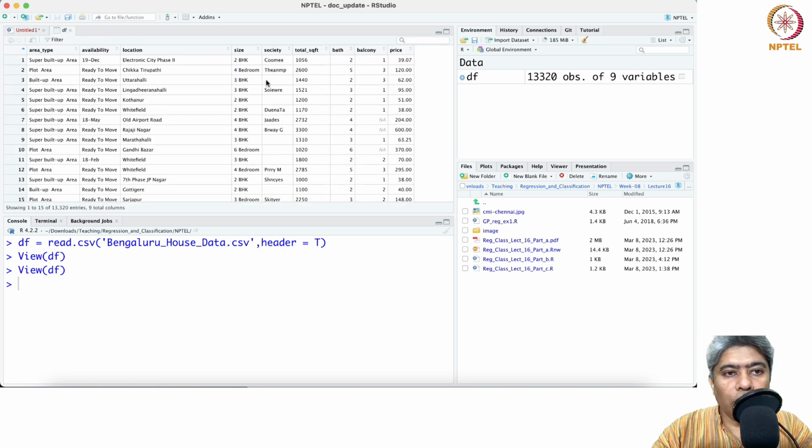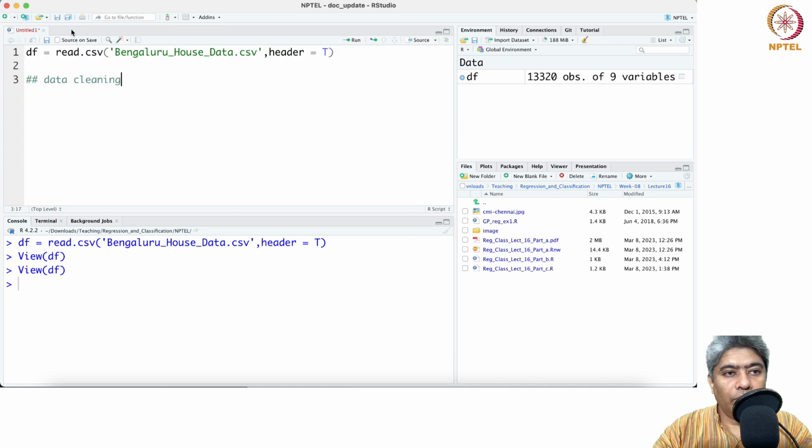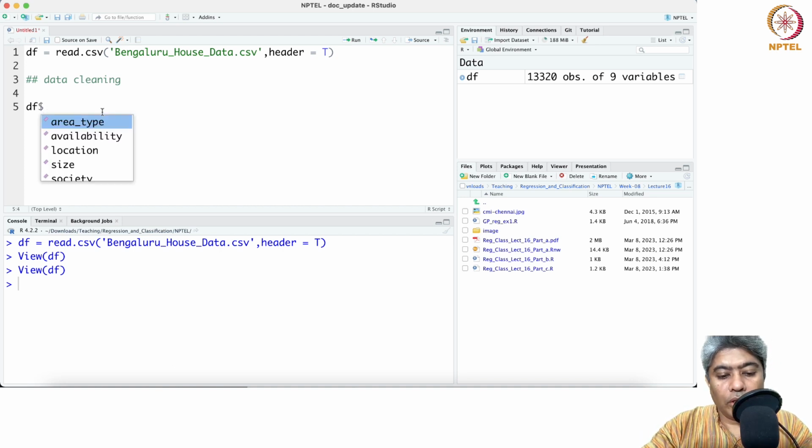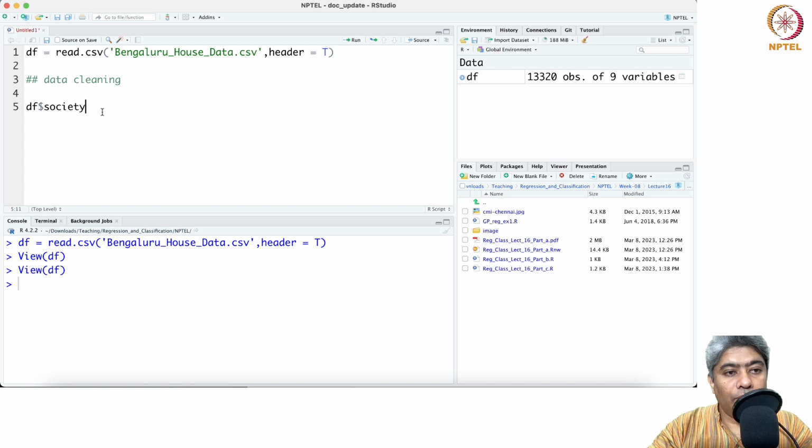If you look into the data, you can see in the society column there are quite a few empty cells. We can check how many empty cells there are by extracting the society column, equating it to quote unquote, and then taking the length of df society.